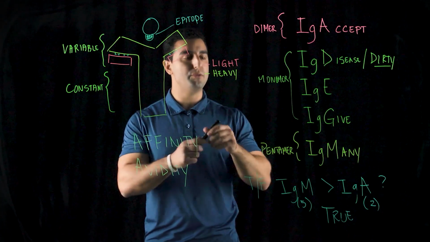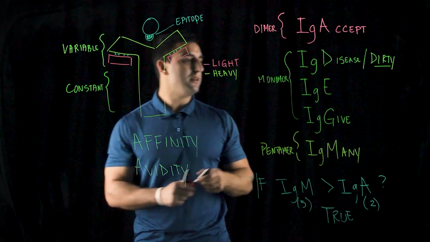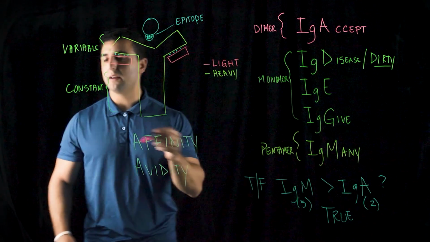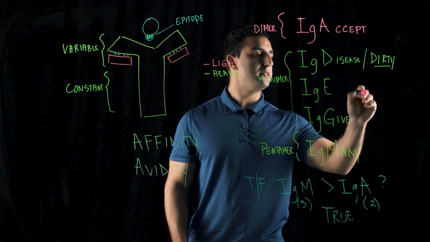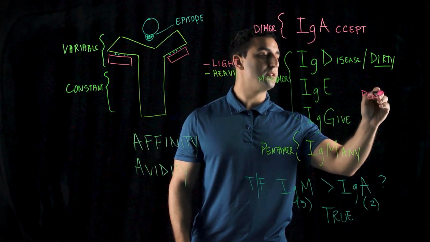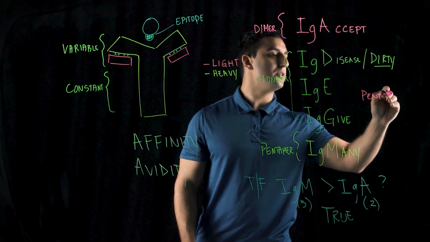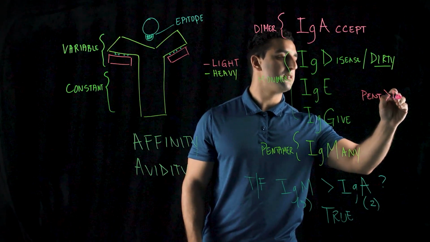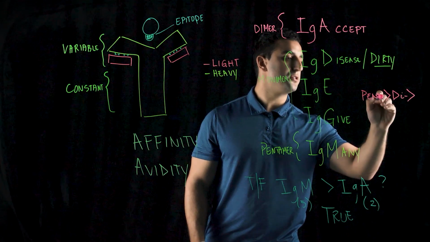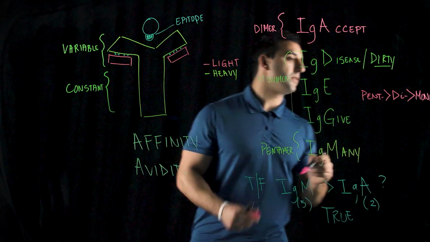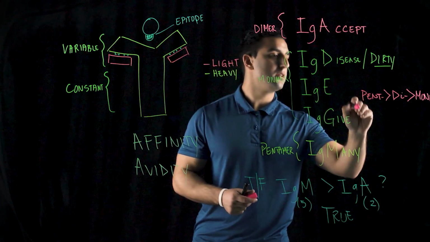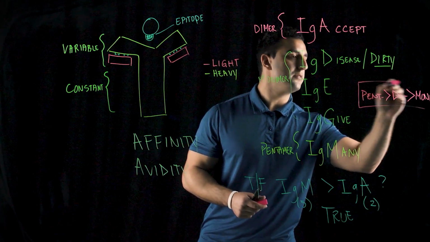So if we were to actually categorize them here in terms of avidity, you have the pentamers in terms of increasing avidity, that go to the dimers, which then eventually go to the monomers. Okay, and so that's basically showing you the actual comparison of avidity.